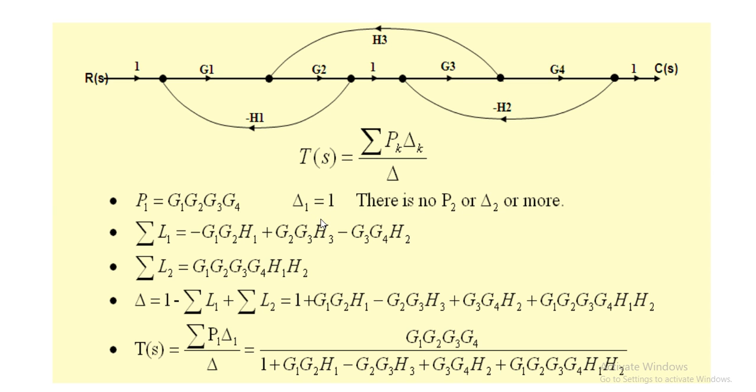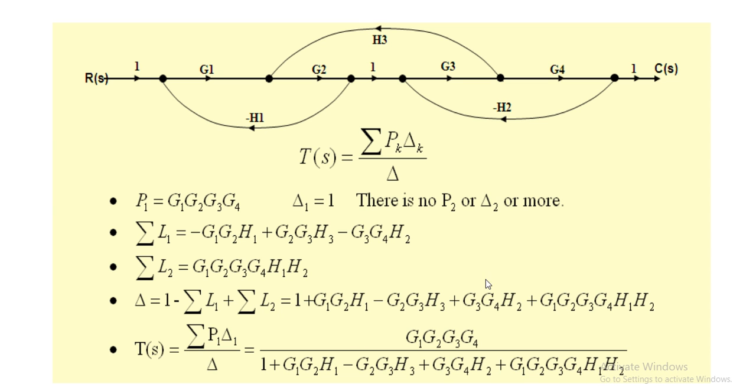Why will delta 1 be 1? That you know, we have solved previously. Now we put this in the delta equation, that is 1 minus the above summation, and we get the transfer function: G1 G2 G3 G4 divided by 1 plus G1 G2 H1 minus G2 G3 H3 plus G3 G4 H2 plus G1 G2 G3 G4 H1 H2.